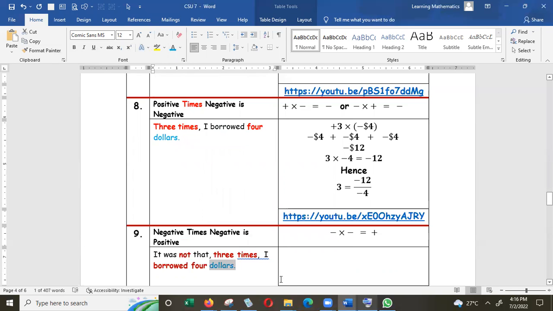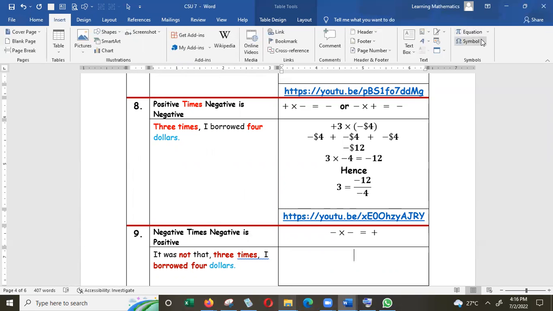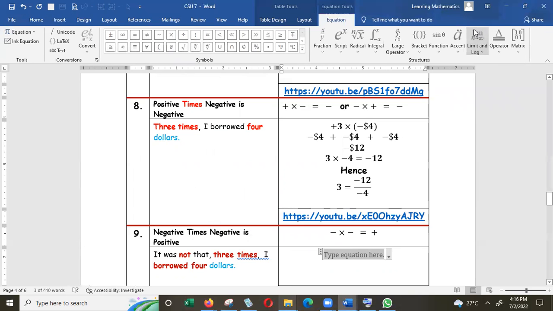So it was not that. So here comes the negative sign. It was not that 3 times. See it? I borrowed $4.